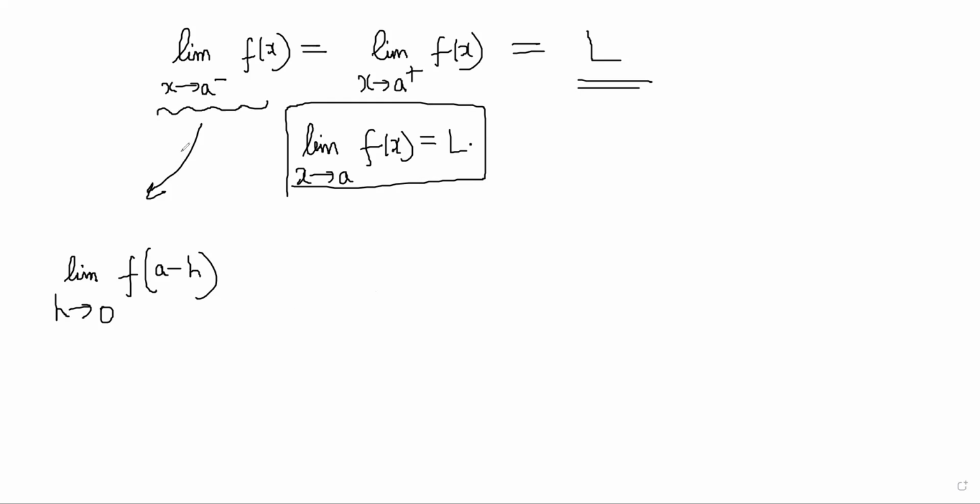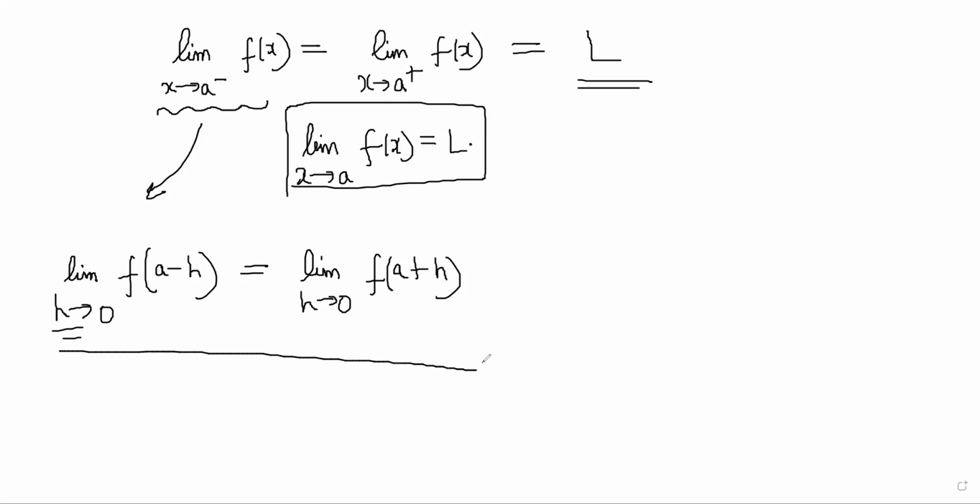Notice that here, if h is tending to 0, h is always positive, but it could have been 0.1, 0.01 and so on, right? And you are getting closer and closer to f(a), but from below. And this should also be equal to the limit as h tends to 0 of f(a plus h), right?